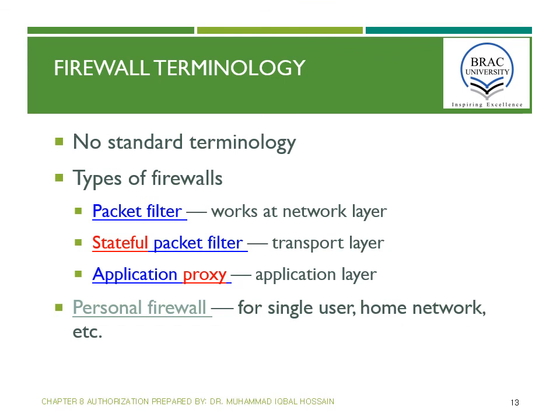So if I just summarize, it is like a barrier before accessing the resources. Based on the information you are providing, the firewall gives you access to the particular system.